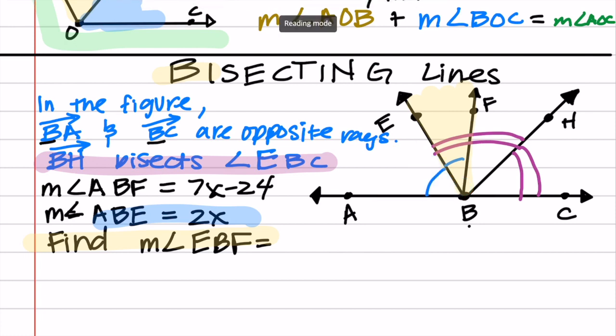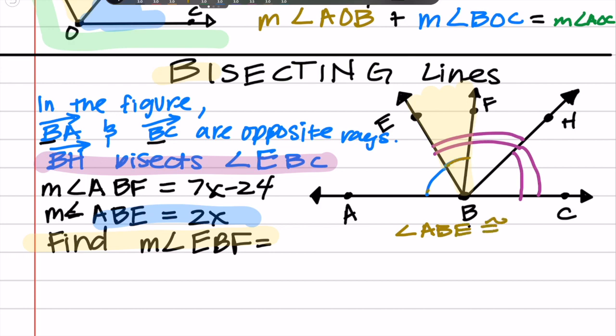But you remember these two lines right here? That meant that they were congruent. So I'm going to write this out even, that angle ABE is congruent to angle EBF. That's important information for us to know.